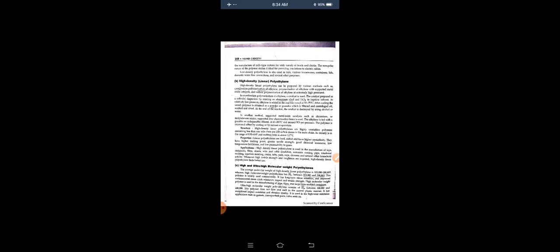The polymer is recovered either by cooling or by solvent evaporation. Now we discuss the structure of the linear polyethylene. High density linear polyethylene is a highly crystalline polymer containing less than one side chain per 200 carbon atoms in the main chain. Its density is in the range of 0.95 to 0.97 and melting point is above 127 degrees centigrade.